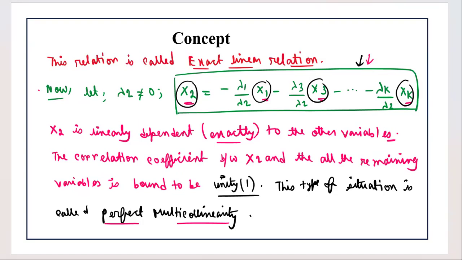And then if you find out the correlation coefficient between x2 and all the other variables, you will see that it will be exactly 1. It will be exactly 1. And this type of situation will be known as perfect multicollinearity, right?